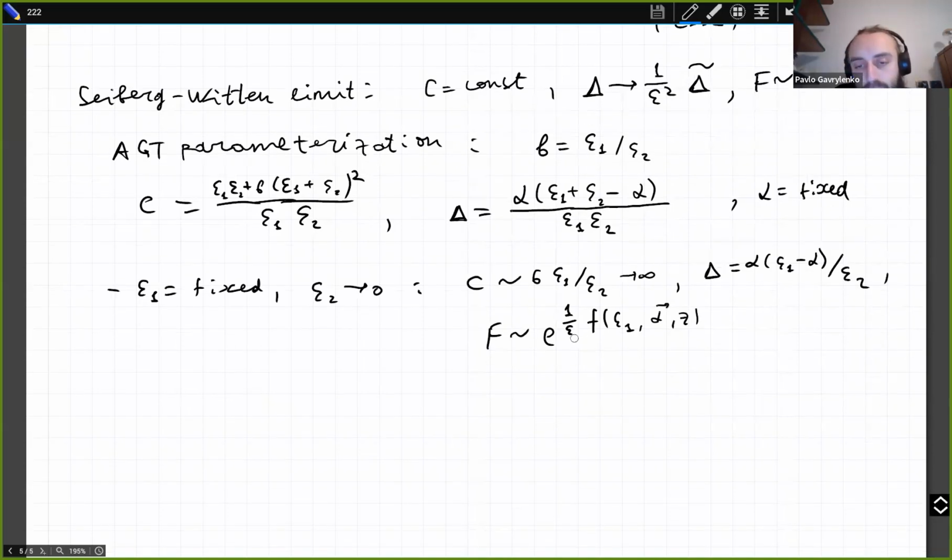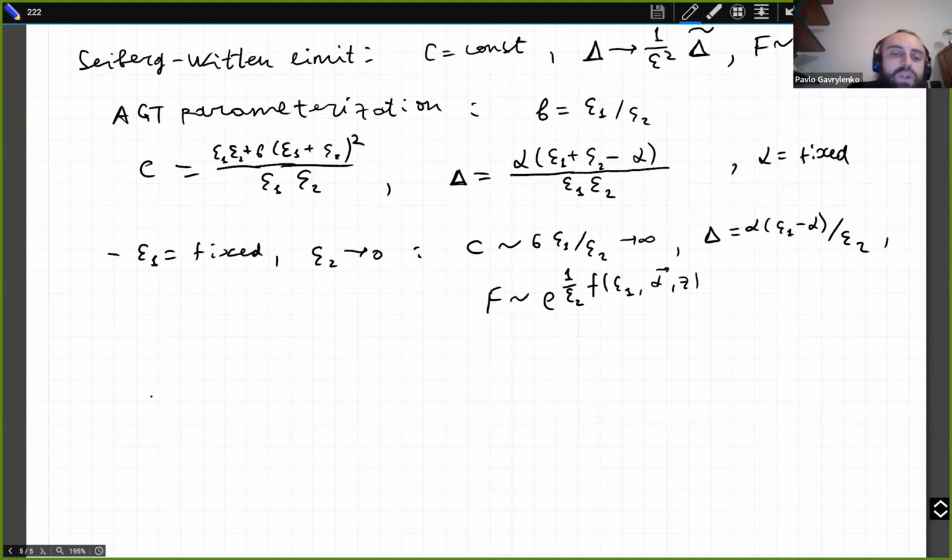And this epsilon 2 appears as the overall factor. But we can also perform another limit when epsilon 1 goes to 0 and epsilon 2 also goes to 0. We can say that they go to 0, for example, at the same speed.